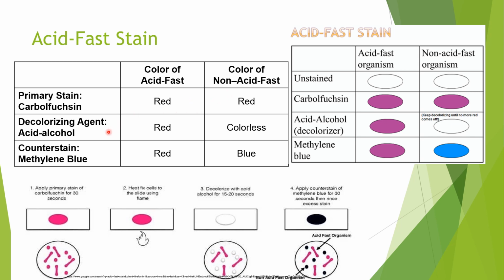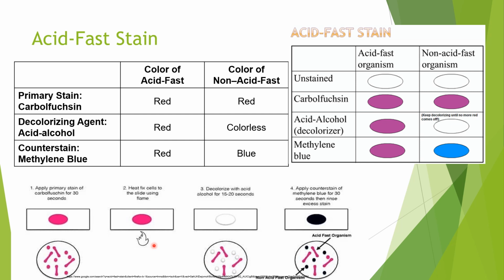You add a decolorizer. Actually, before the decolorizer, what's your mordant? Is your mordant iodine? No. Your mordant in this case is heat. So the mordant can actually be heat. And remember again, what's the mordant's job? The mordant's job is to help that primary dye get absorbed by your cells even more, and makes it harder to get washed off.